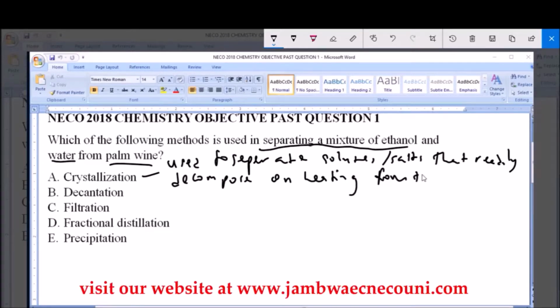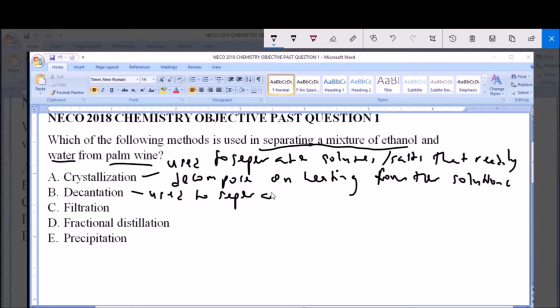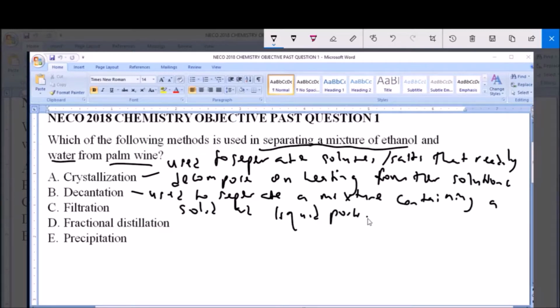Option B, which is decantation, is used to separate a mixture containing a solid and liquid portions, which separate into two distinct layers on standing.